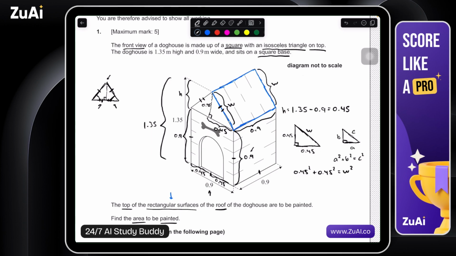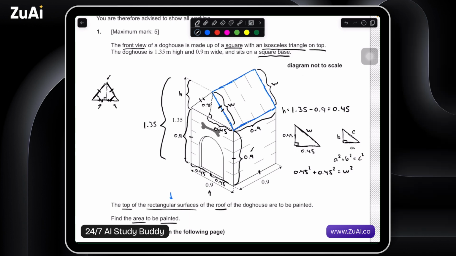So we can actually go ahead and solve that if you want. That would work. We can rearrange this as well and take the square root of both sides. And so if we do, we'll have w is equal to the square root of 0.45 squared plus 0.45 squared. That should give us the width of this rectangular surface on the top of this doghouse. I'm going to work this out on the calculator that I have beside me. 0.45 squared plus 0.45 squared, and then we want to take the square root of that.